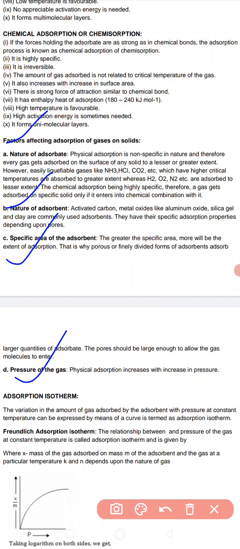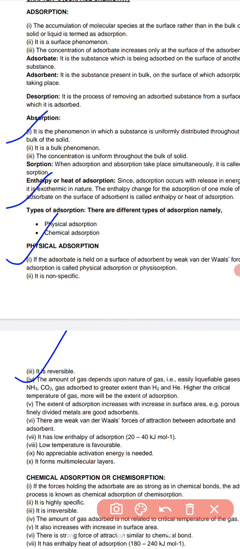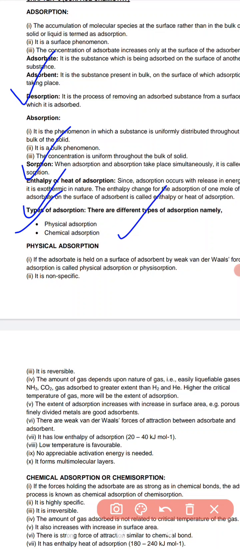In this way, in this part of the chapter, we have discussed some important definitions: adsorption, absorption, then desorption, sorption, and enthalpy or heat of adsorption. Then we have discussed the two types of adsorption: physical adsorption and chemical adsorption.